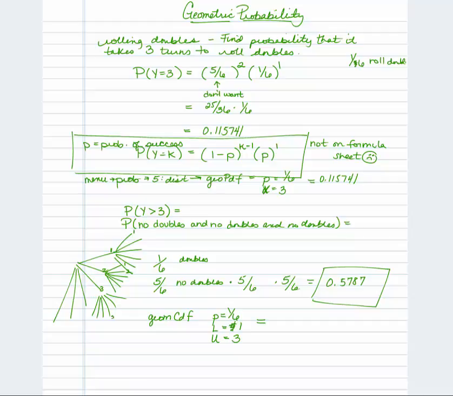What this gave me was the probability of getting 1, 2, or 3, which worked out to 0.421296. I need 4, 5, and so on, the numbers bigger than this. So I did 1 minus the probability of that, which is the complement rule from when we were doing our rules. And then I get the same thing as before, 0.578704.